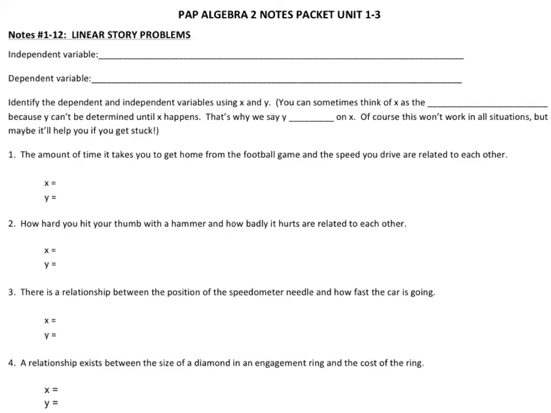So we're going to talk about linear story problems today, and for this you need to know what the difference between independent variable and dependent variable is. An independent variable is just the x variable, and sometimes, well, all the time, it's going to be the very first thing that happens. So that's how you can remember it.